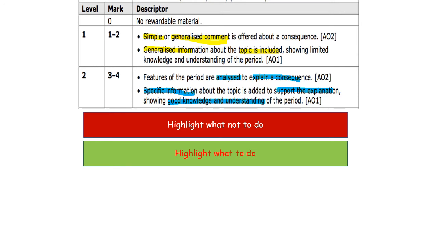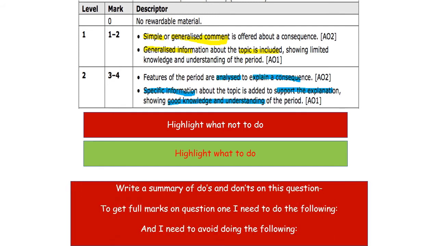So what I need you to do is, just underneath your question title, write a few sentences on the do's and don'ts on this question. So you might start, to get full marks on question 1, I need to do the following, and then perhaps look at the level 2 criteria that we've highlighted in blue, and then a second sentence, and I need to avoid doing the following, and perhaps look at the stuff we've highlighted in yellow.